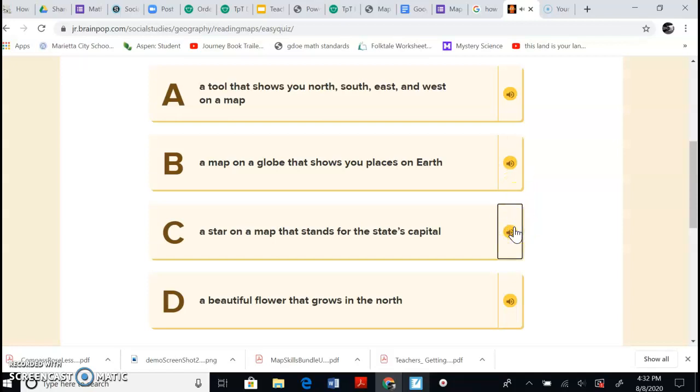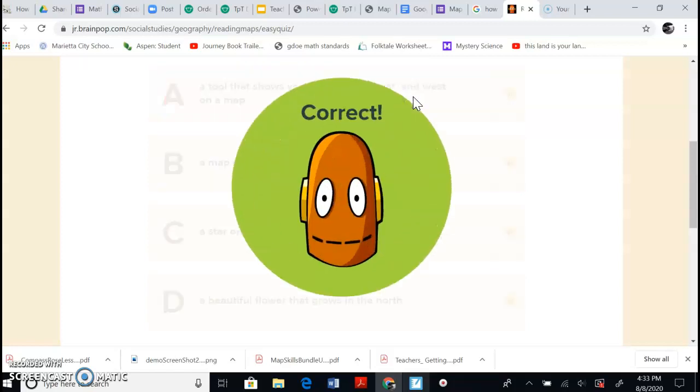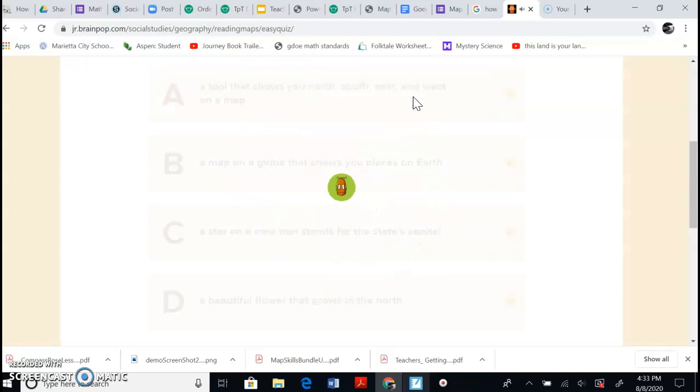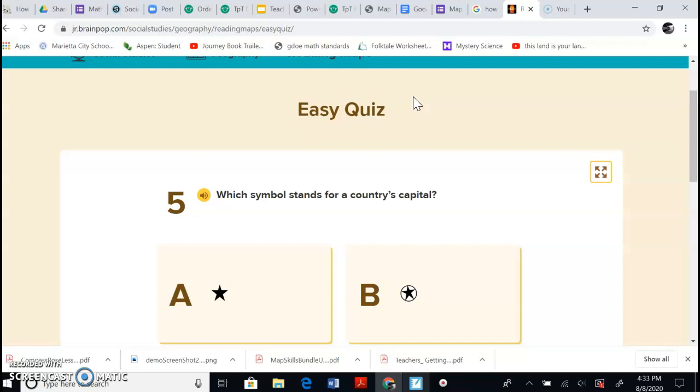A star on a map that stands for the state's capital. A beautiful flower that grows in the north. A compass rose, isn't that the thing that tells me about north, south, east, and west? Oh, yes. Easy quiz.